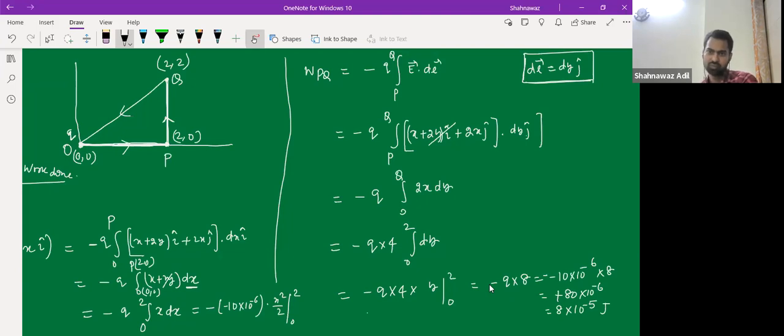Did you guys understand that, minus 10 into 10 raised to minus 6? So I'm asking about this part. What is the x value here? Right, x is 2 only.